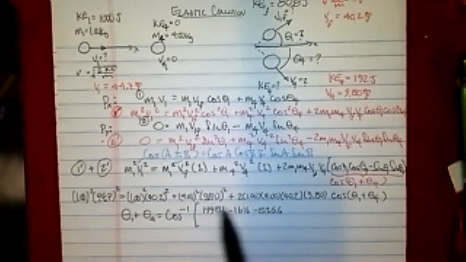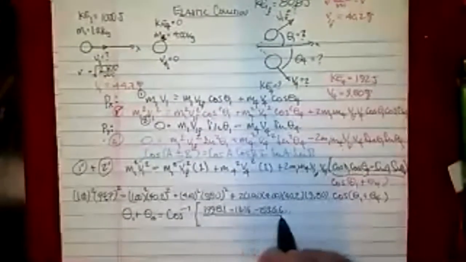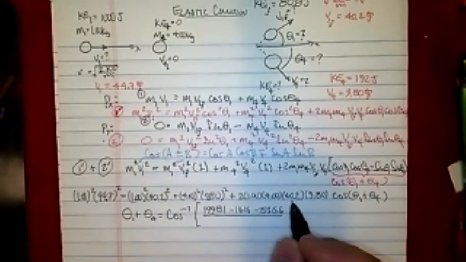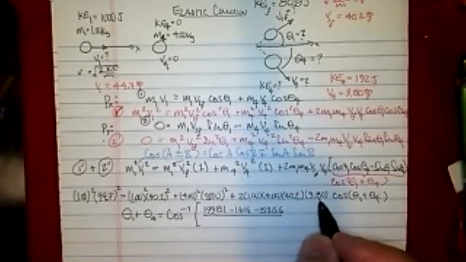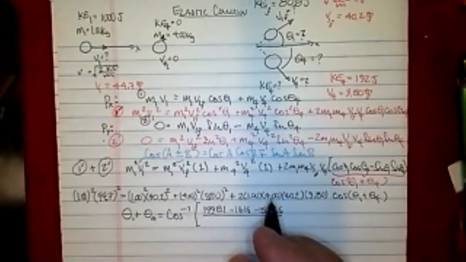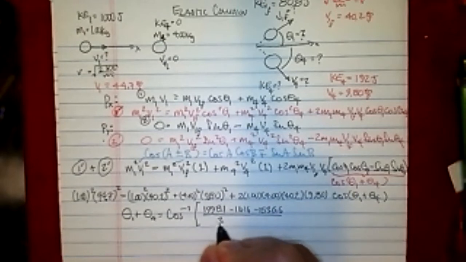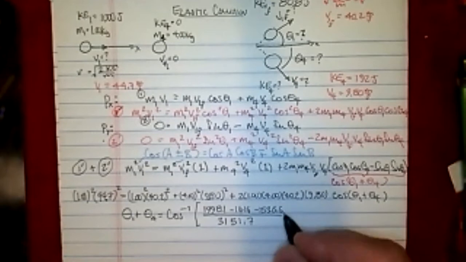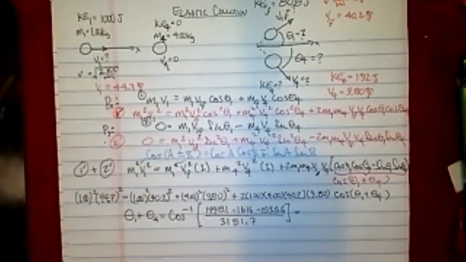As you can tell, if the Pythagorean theorem held, meaning theta 1 plus theta 4 is actually equal to 90 degrees, then this top would give you 0, and obviously the inverse cosine of 0 is 90 degrees. Now I've got to divide this all by the 2 times 1 times 4 times 40.2 times 9.80. Well, that turns out to be 3,151.7. You can check all the units. I've done it before. It actually works out.